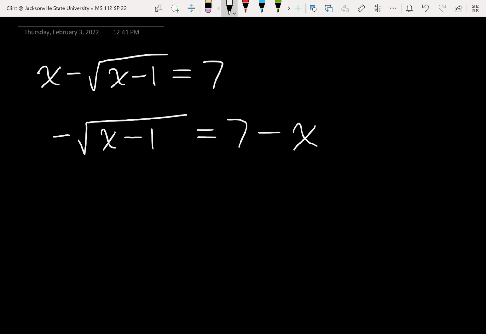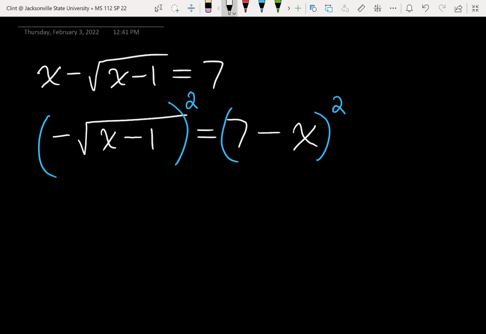So, if you didn't want to do that, you could switch the signs on both sides so we can make it positive square root of x minus 1, and on the other side we would have minus 7 plus x. I'm just going to try squaring both sides. Square that side, square this side.